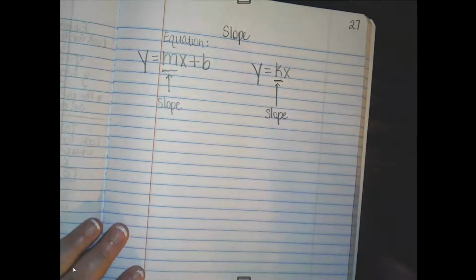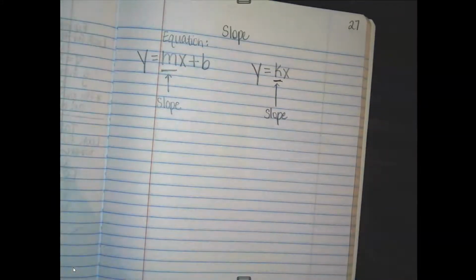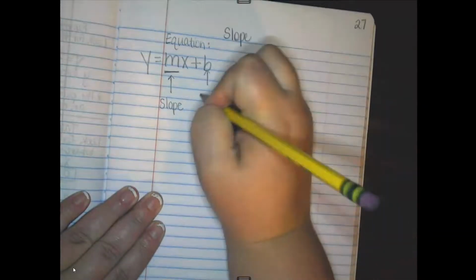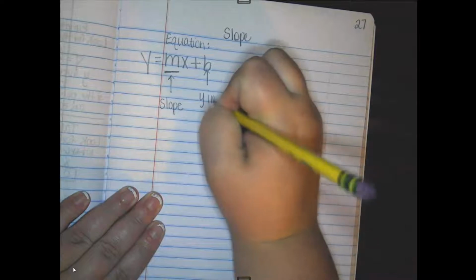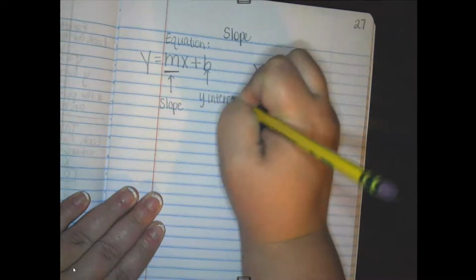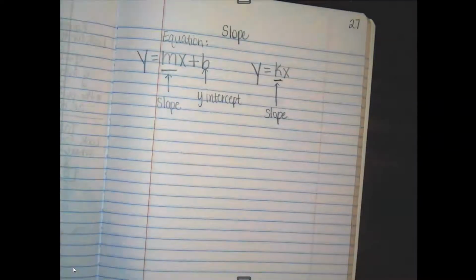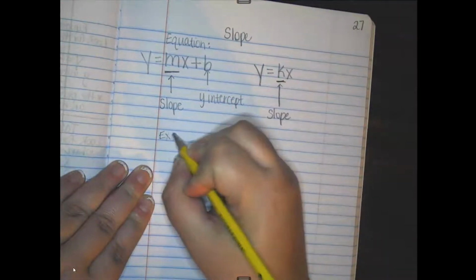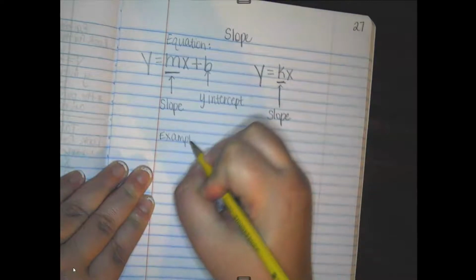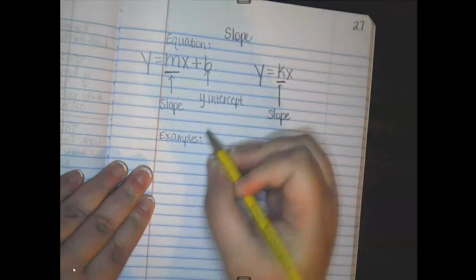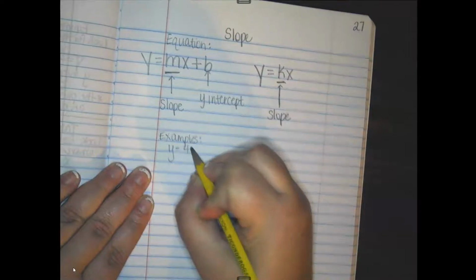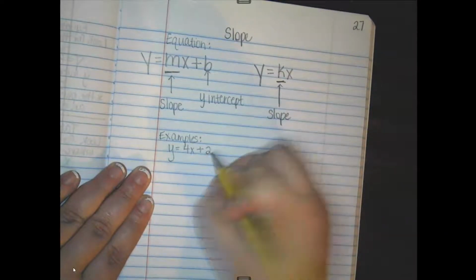All right, so that's my slope. Just to reinforce, this b was my y-intercept, what we talked about yesterday. So some examples. Y equals 4x plus 2.